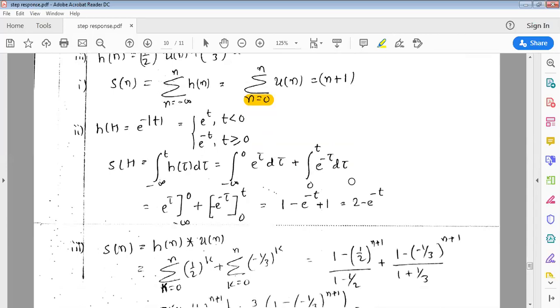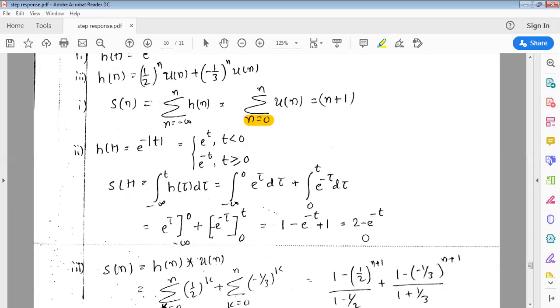Once I take this one, I'll integrate e power tau only from 0 to minus infinity and minus of e power minus tau from 0 to t. So I'll get 1 minus e power minus t plus 1, because it is e power minus t, the second function. When it gives 0, it will become minus 1. So minus of minus 1 will become plus 1. Total answer will become 2 minus e power minus t.